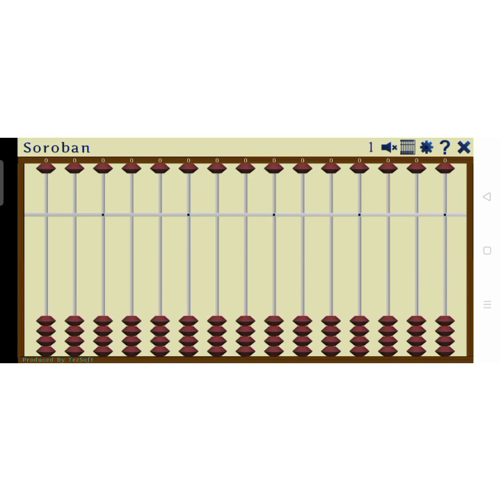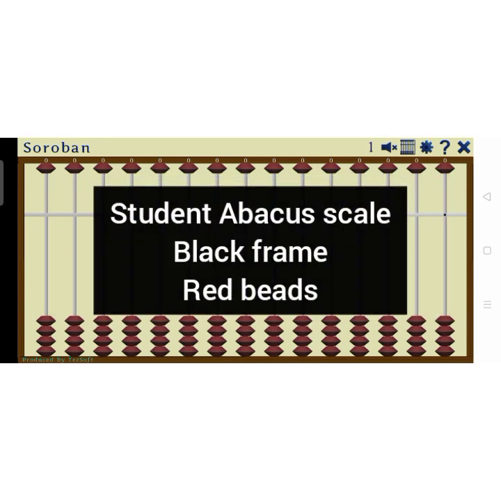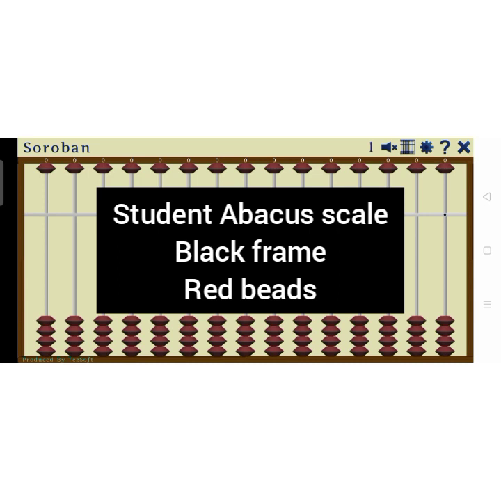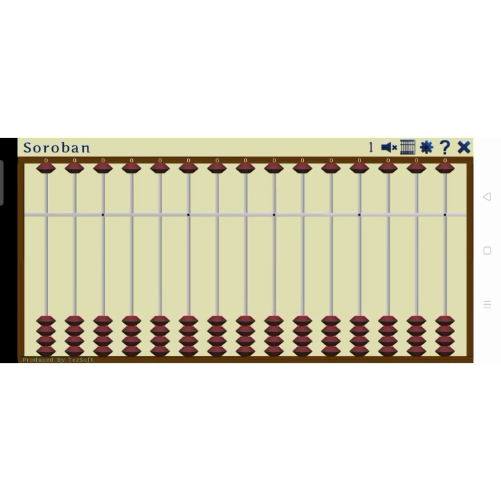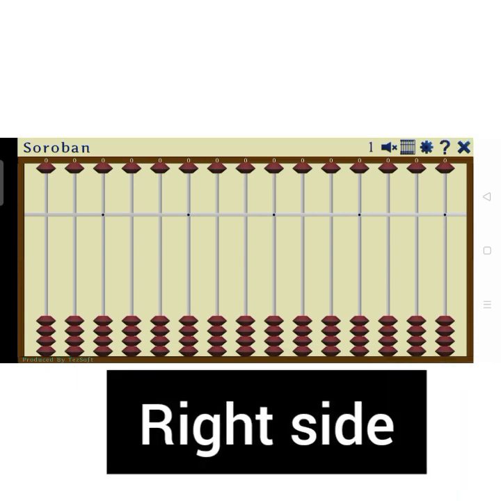This color is different, but you have a different color, so match your scale with this one as I explain. See, from the right side, this rod, we start calculating. We always start calculation from the right side while adding or subtracting.